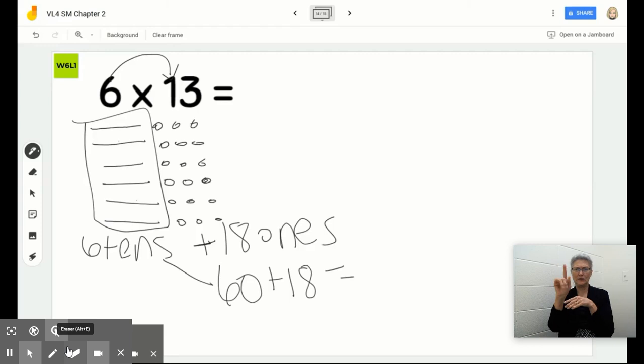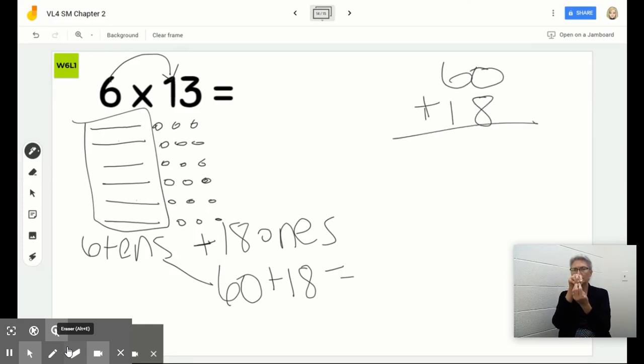So we have 60 plus 18, and I can either add it up mentally, or I can even do the standard algorithm. And I've got 8 plus 0 equals 8. We've got 6 10s plus 1 10 is 7 10s.